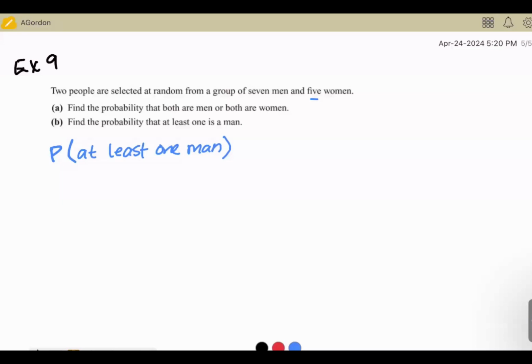For the complement, we're going to take our total sample space of 1 and subtract the probability that we choose 2 women. So we just calculated that as a fraction. It was 10 over 66.